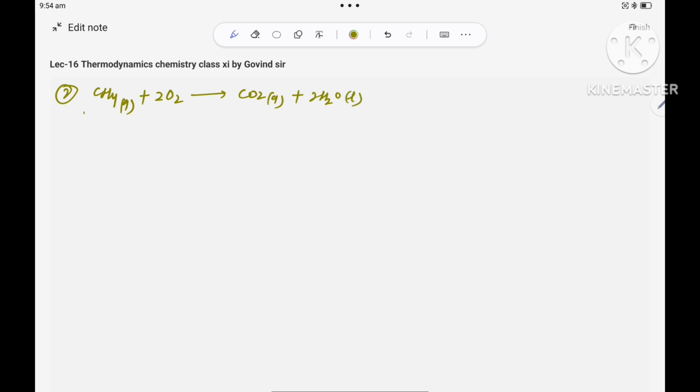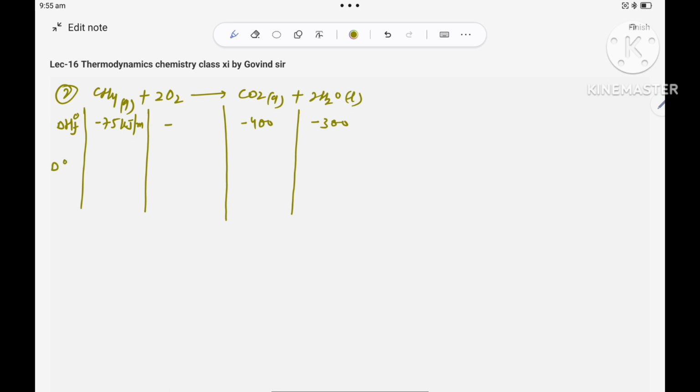Here some values are given. Delta H F naught for CH4 is minus 75 kilojoule per mole, not given for this one, CO2 minus 400 kilojoule per mole, minus 300 kilojoule per mole.